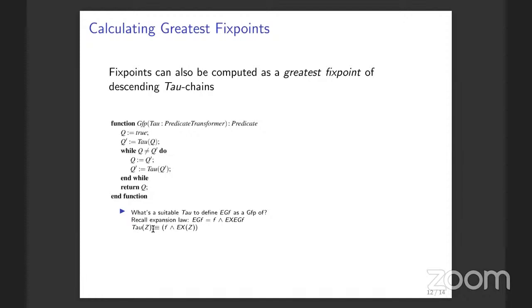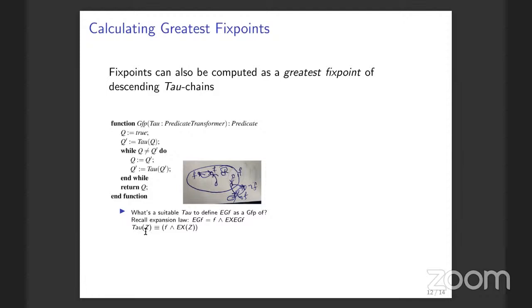So let's see what happens when you simulate this in a Kleene chain starting from true. See, when you plug true into Z, what happens? What does this reduce to?